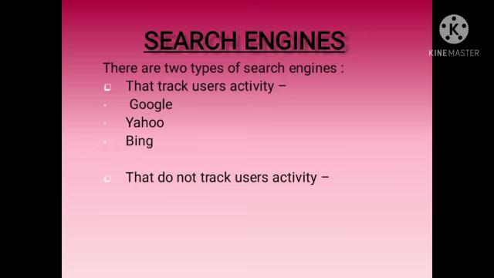These are the names of search engines which are not going to track their users' activities, such as the locations or the content whatever you were searching for. These things were not going to be tracked by DuckDuckGo, Yippy, Xquick and Startpage.